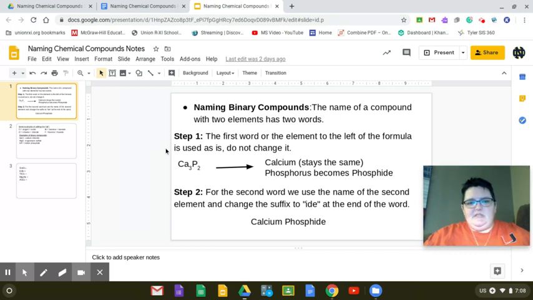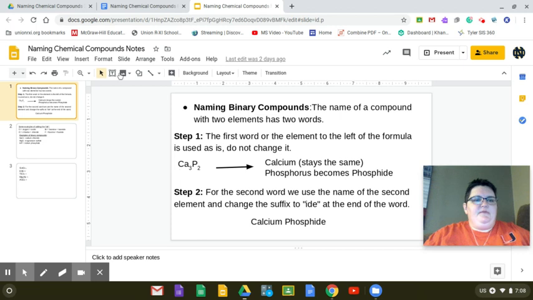So, step one here is the first word, or the element to the left of the formula, is used as is. You will not change it. For example, if this is the formula that we are doing, Ca3P2, we look at the first one, which is the one to the left of the formula.